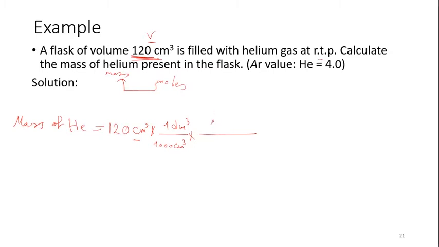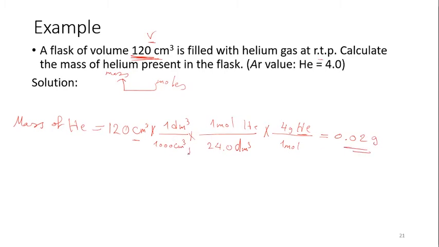If I know that each 1 mole contains 24 cubic decimeter volume of helium, and if I know that helium itself has atomic mass of 4, each 1 mole contains 4 grams of helium. This means the number of grams is equal to 0.2 grams.